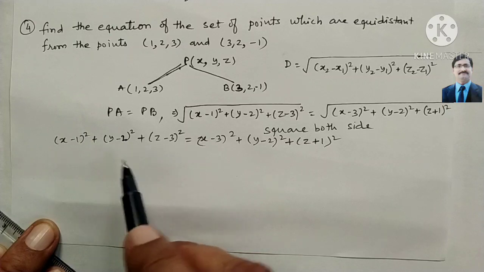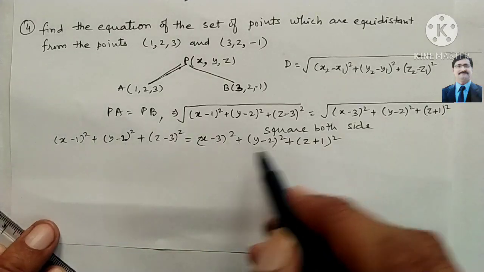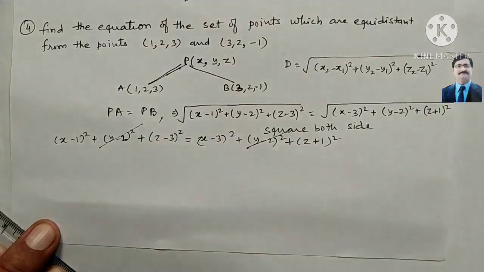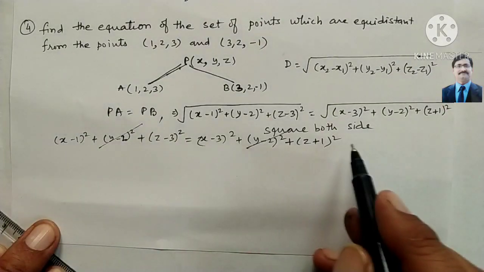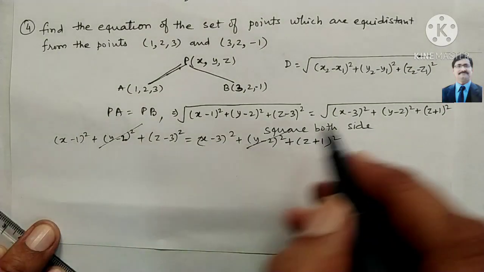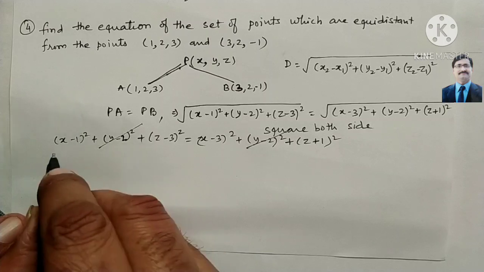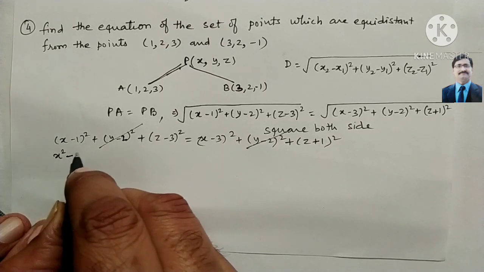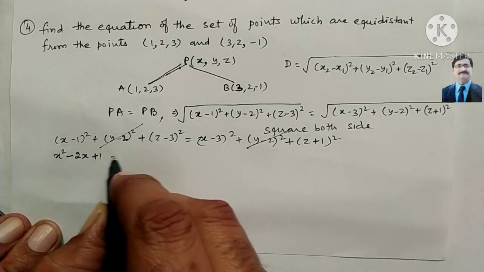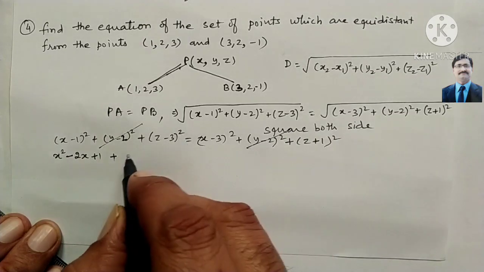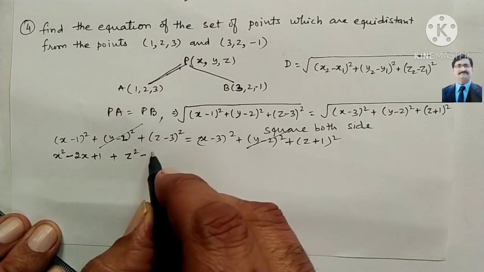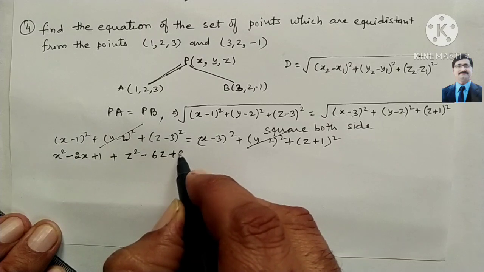We can see here y minus 2 square and y minus 2 whole square both are the same, so we can cancel on both sides, and others are different, so we open by the a minus b whole square formula. This is x square minus 2x plus 1 we can write, and z minus 3 whole square we can write z square minus 6z plus 9.